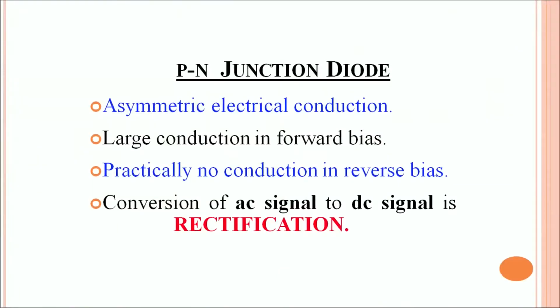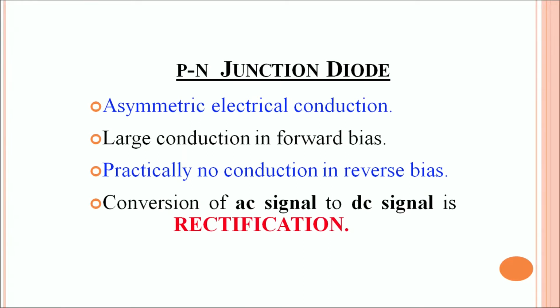In the reverse bias, the diode practically does not conduct, or rather the diode ideally offers infinite resistance and blocks the current. This particular property of a PN junction diode is utilized in the process of rectification.